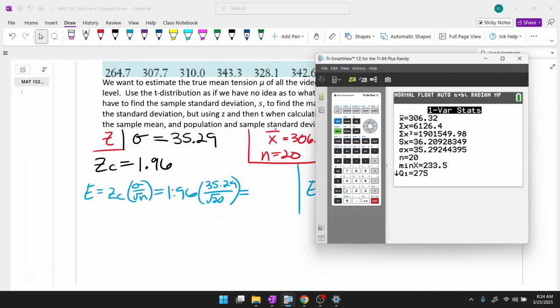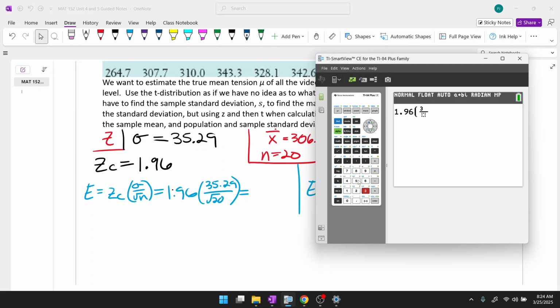So if we calculate the margin of error in each event, we get 15.47 for this one.